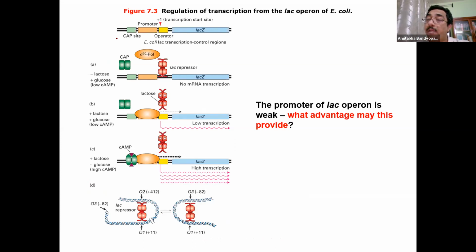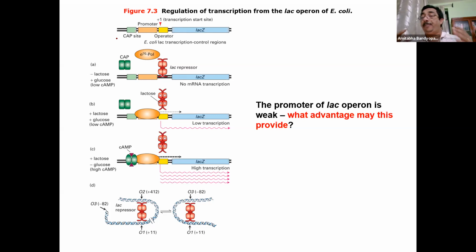Imagine that, if you remember in bacterial expression vectors, an artificial promoter is used called TAC. It's the fusion of tryptophan and lac promoter, right? Tryptophan is a repressible operon, meaning the default is that transcription will be on.